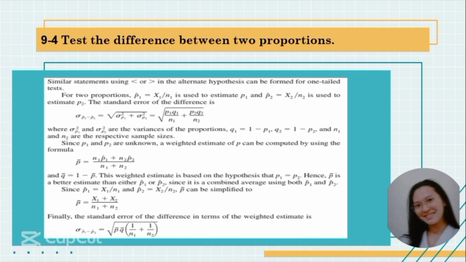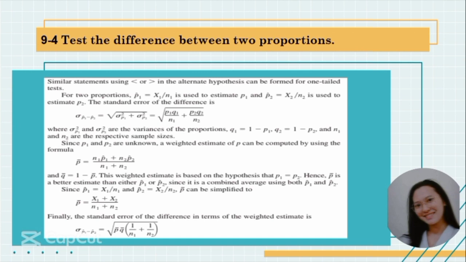Since p sub 1 and p sub 2 are unknown, a weighted estimate of p can be computed by using the formula below, and q equals 1 minus p. This weighted estimate is based on the hypothesis that p sub 1 equals p sub 2. Hence, p bar is a better estimate than either p hat sub 1 or p hat sub 2, since it is a combined average using both.